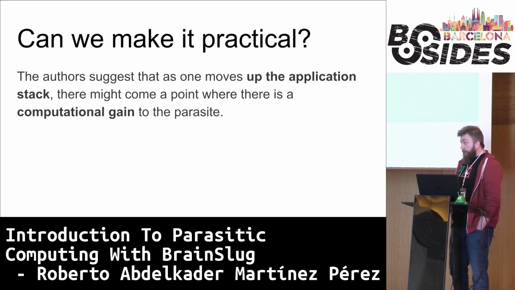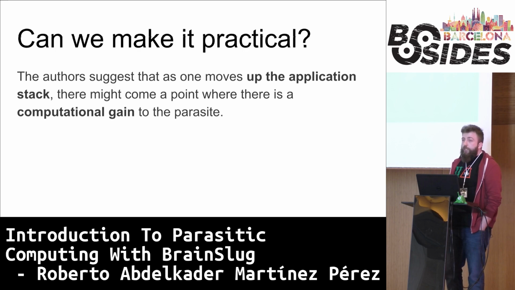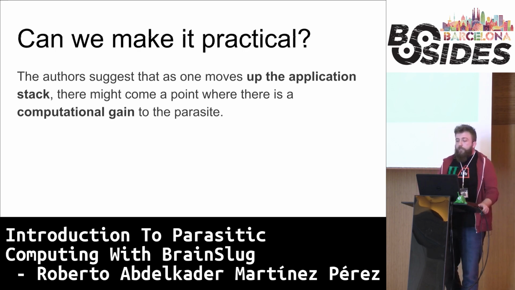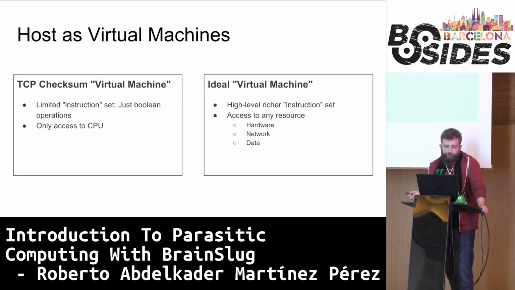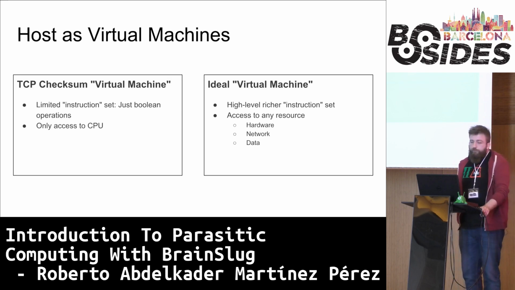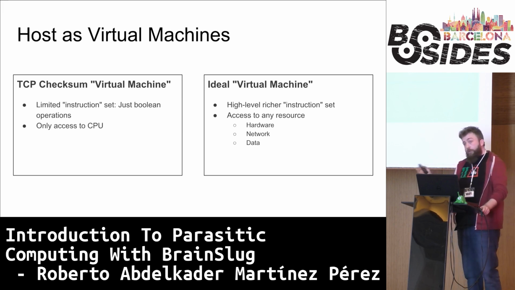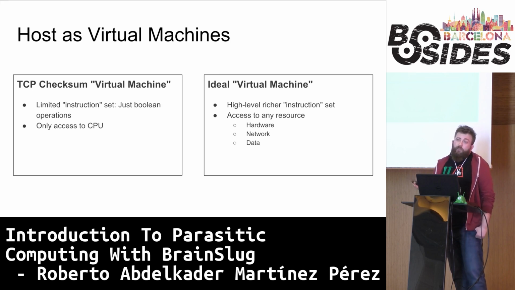The author of the original paper suggests that as one moves up the application stack, there might come a point where there is a computational gain to the parasite. So, up we go. I would really like you to do this exercise and think about the host that we were using in the example as a kind of virtual machine.